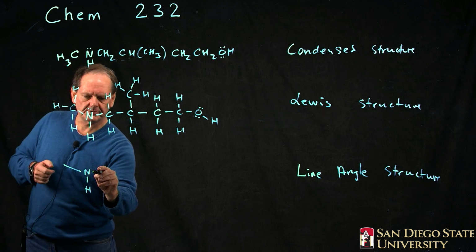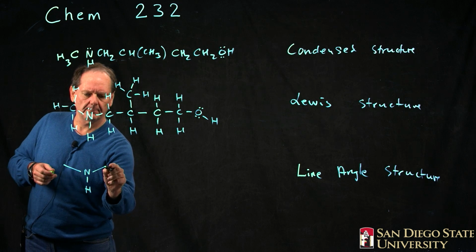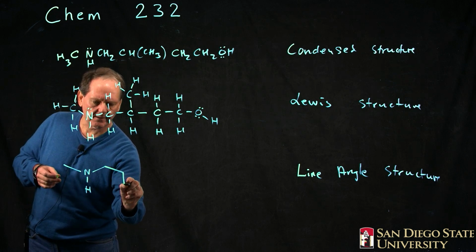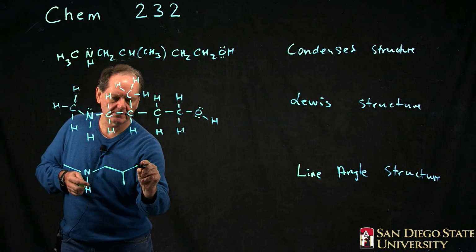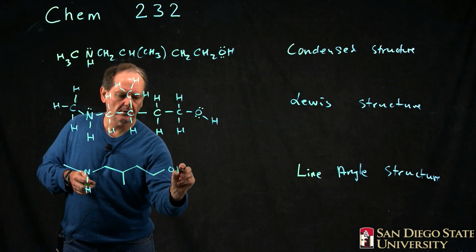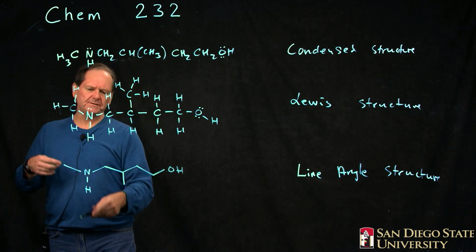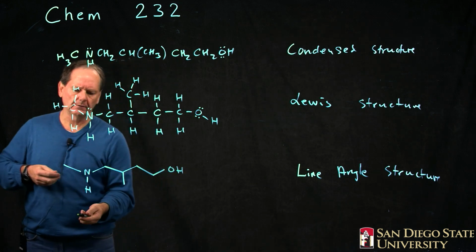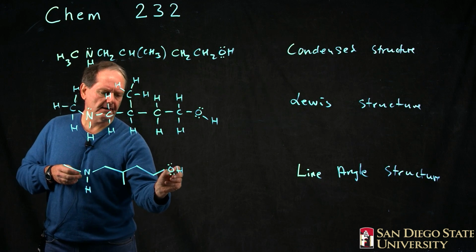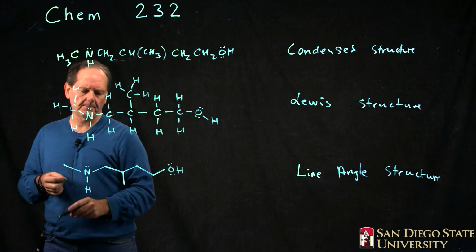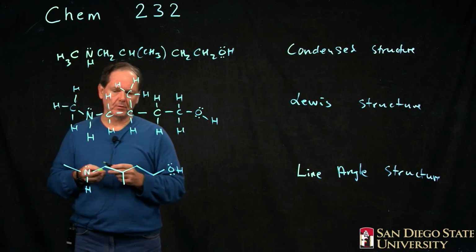Then you have your CH2 group, which is this point here, and then a CH, and then a branching to this CH3, and then you have CH2, CH2, and OH over here. You see it is much faster to draw the molecule. Again, don't forget that you have 3 electron pairs on the heteroatoms here and here. That's a very simple way to draw molecules.